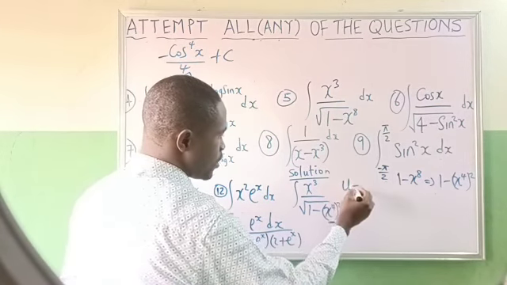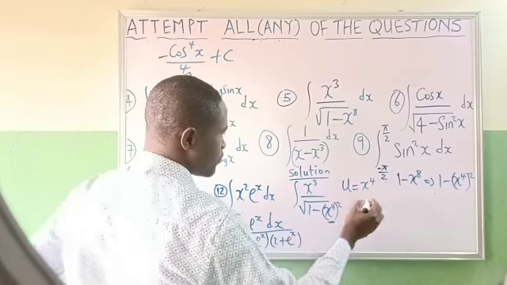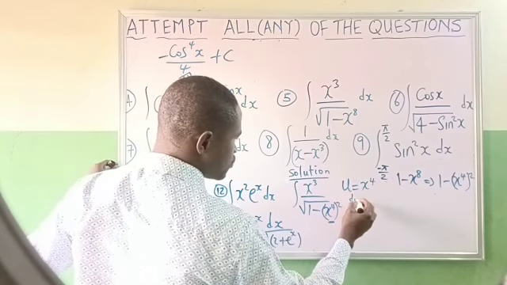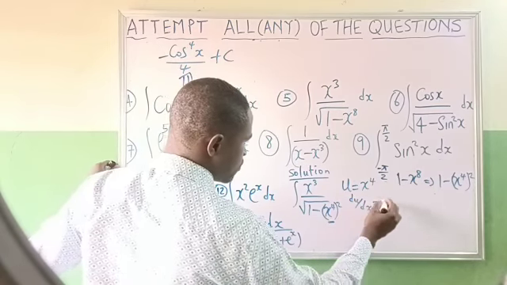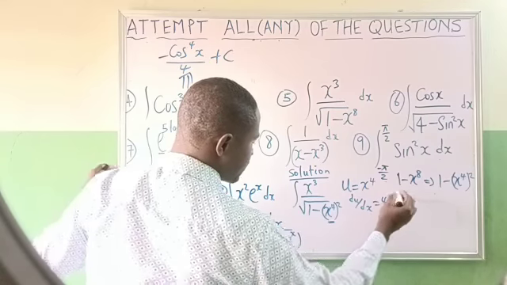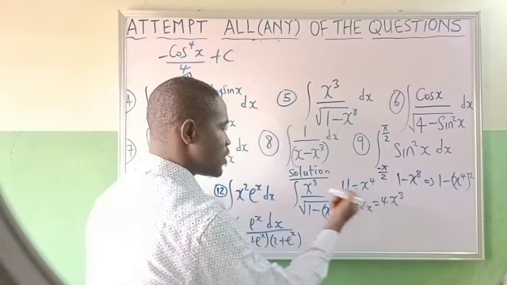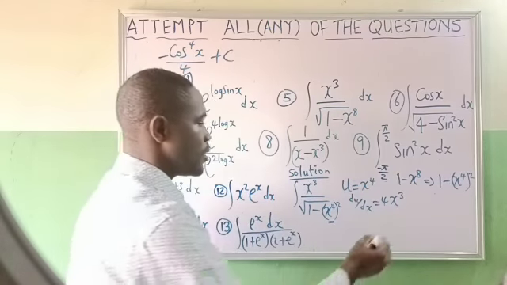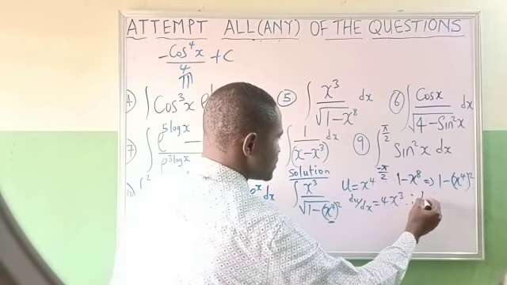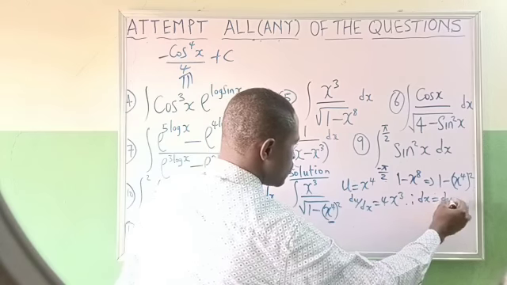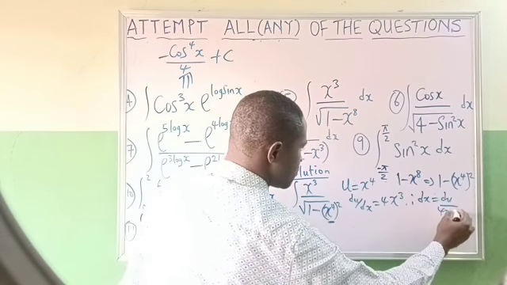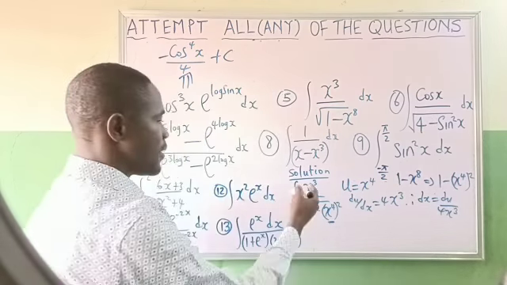Let my u be equal to x raised to power of 4. du/dx will be what? 4x raised to power 3. Why? Because when we make dx the subject of formula, this will cancel this numerator. Therefore, we have that dx is equal to du all over 4x raised to power of 3. I'll bring it here.